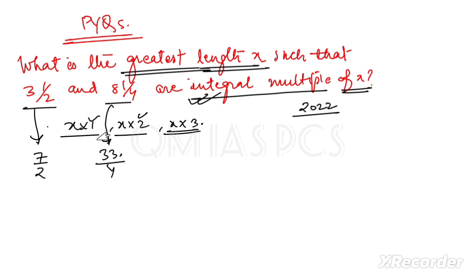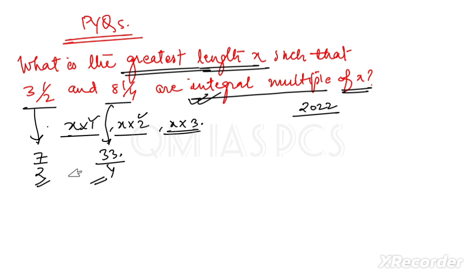So I think you know this basic thing, right? So the question was, what is the value of x? These numbers should be in the table of x. Clear? So if it is asked that these numbers are in the table of x, what do we have to find here? We have to find LCM or HCF. We have to understand this first.